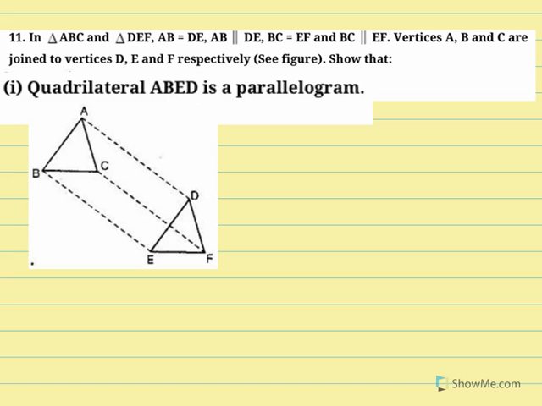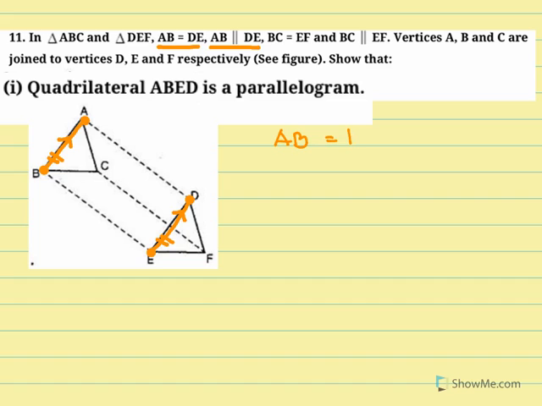Now for the 11th sum. In triangles ABC and DEF, it is given to us AB is equal to DE and AB is parallel to DE. So let me mark that. AB and DE are equal as well as parallel. So there is a parallelogram here, and the parallelogram will be ABED.